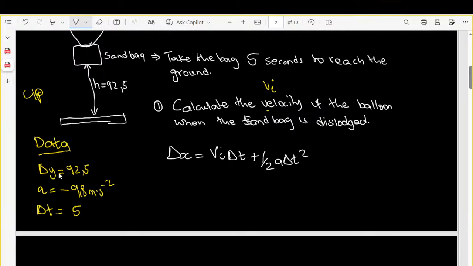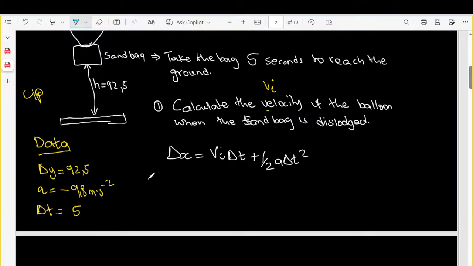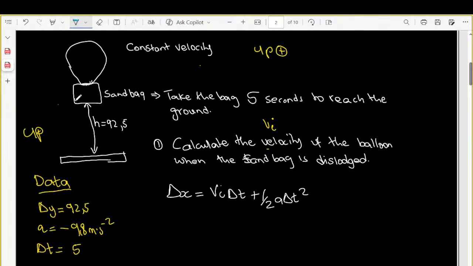Delta x is fine, we know it's delta y. Now let's talk about the direction. Another important thing when it comes to projectile motions, this is very, very important. Listen to this. What is this? Remember this length here, this 92.5.